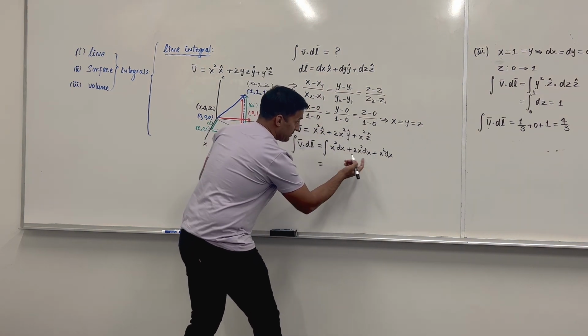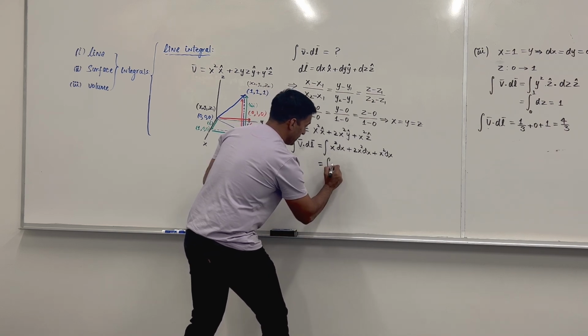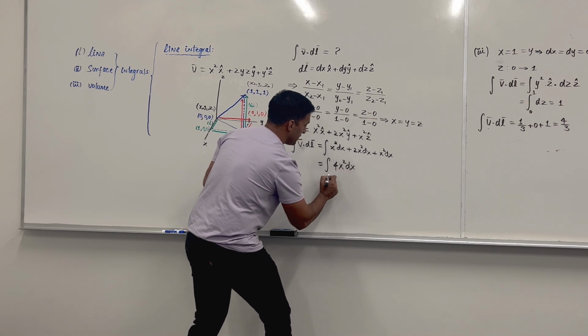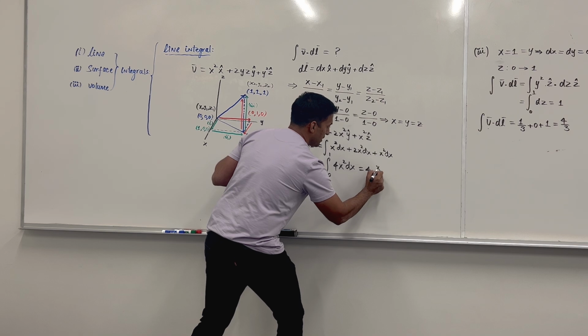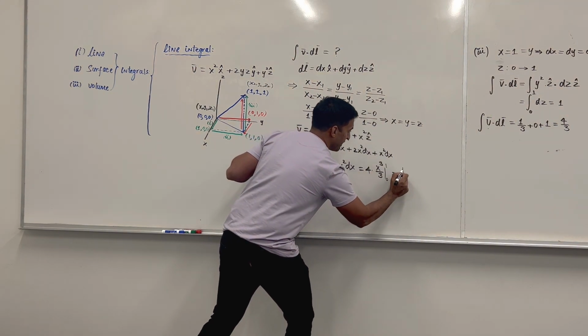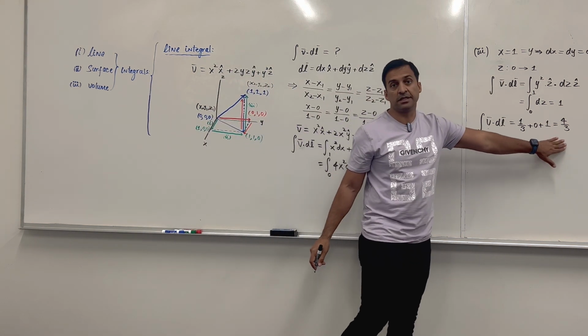If we add these terms, x² plus 2x² plus x², this becomes the integral of 4x² dx, limit 0 to 1, and this gives you 4 times x³/3, limit 0 to 1, and that gives you 4/3, precisely as we intended.